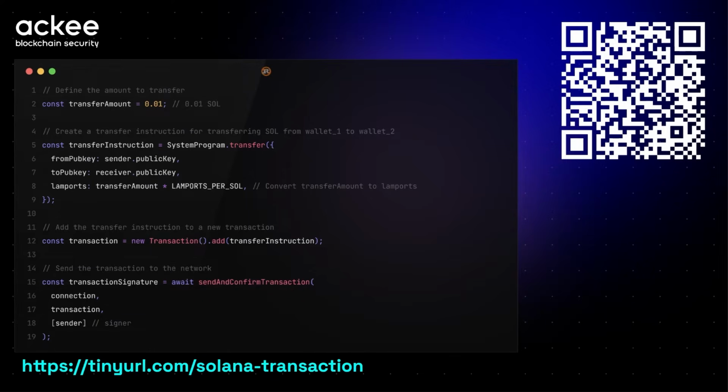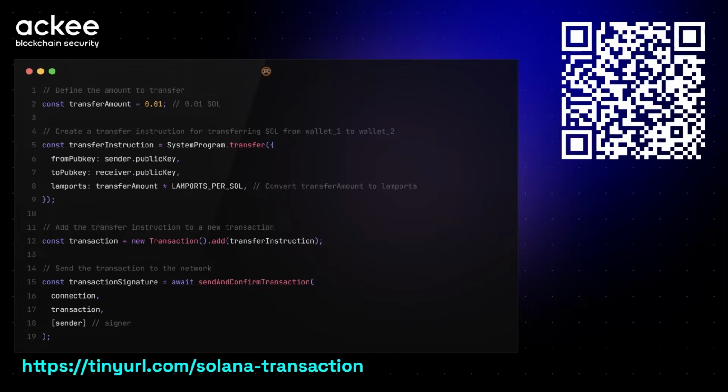This is again the address that we were talking about in the account section, where you can look at it as a key-value pair. This is the key, or public key, which has 32 bytes. You specify the from pubkey, you specify the to pubkey, so the receiver, and you also specify the lamports.